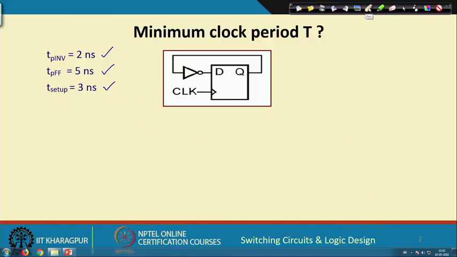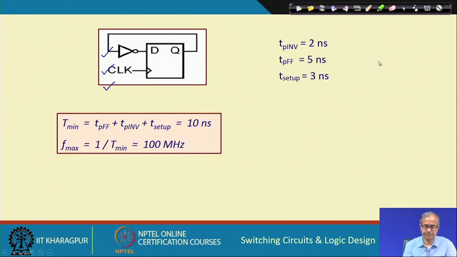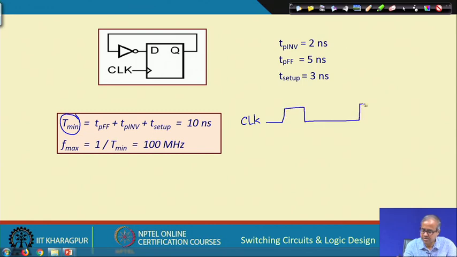Fine. So, let us see. For this example, as we had said, we are trying to determine the minimum clock period, and hence the maximum clock frequency, for which the circuit will work correctly. Let us look into the clock. The clock signal is coming, I am just showing two pulses, positive edge triggered. So, this is the active edge.